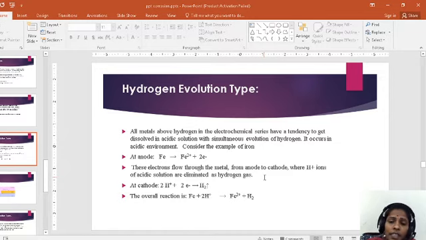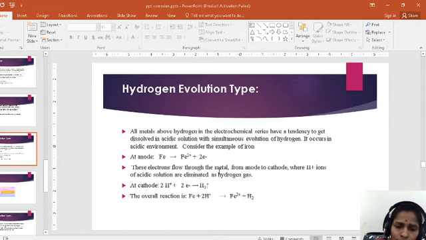It occurs in an acidic environment. These metals above hydrogen have the ability to react with the acid, and when they react with the acid, they release hydrogen.